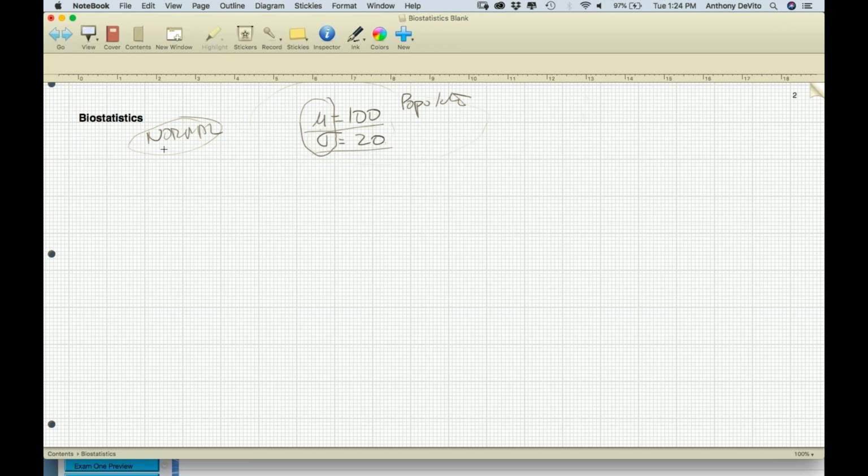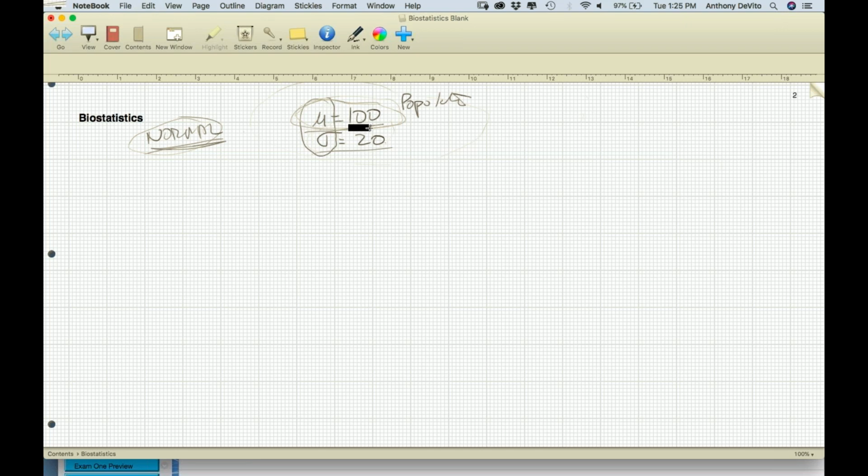One of the properties of a normal distribution is that most individual values in the population are closer to the mean rather than further away. As you get further from the mean, you find fewer and fewer people with that value.